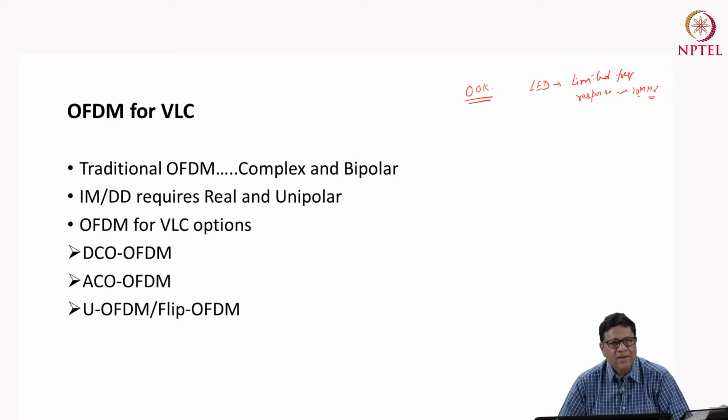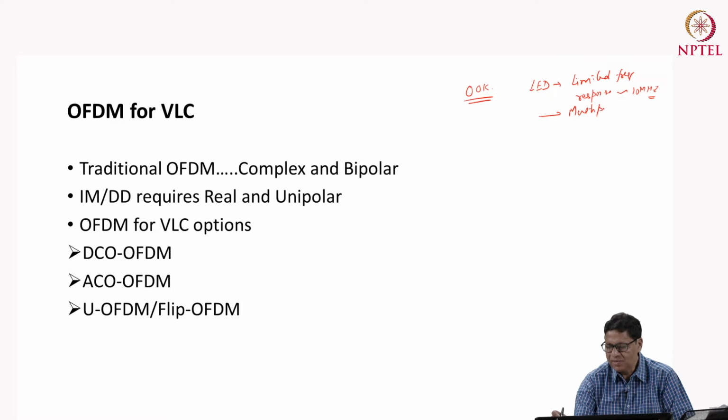So on-off keying may not give a high data rate, and there is also an issue of multipath. This we had discussed, the delay spread because of the multipath, which limits the data rate.